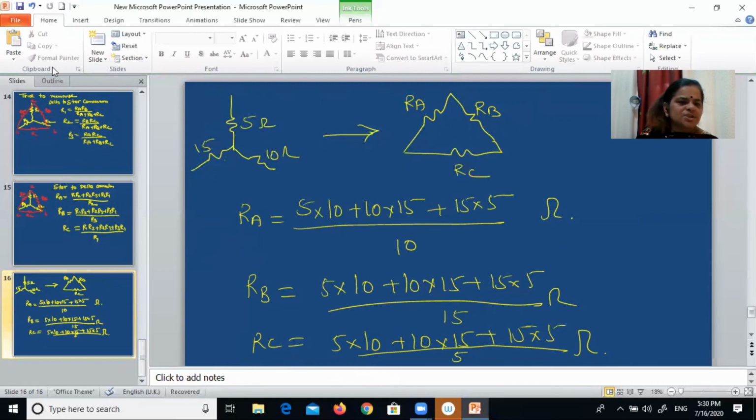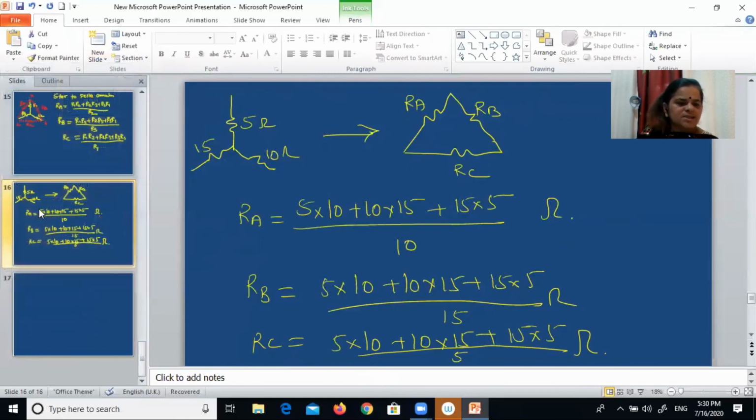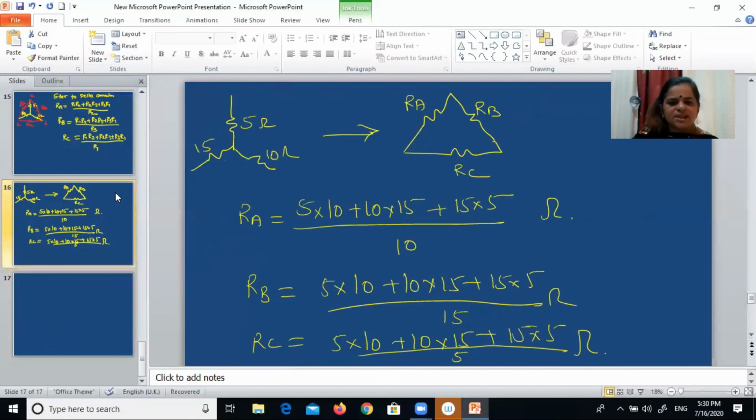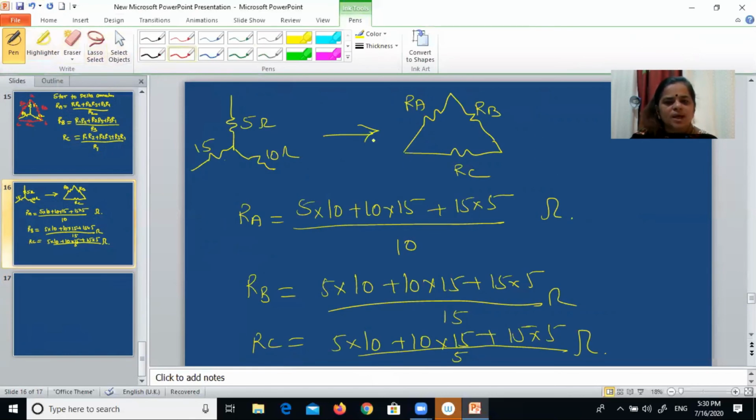Now similarly the question can be that the given resistances are of a delta and you need to do the delta to star conversion. This conversion was star to delta.